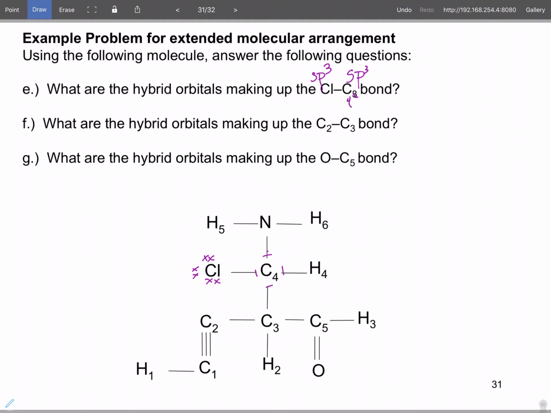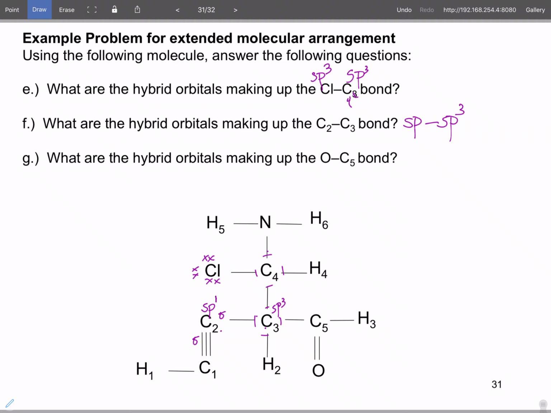So if we talk about the hybridization involved in the bonds, we have an sp3 bond. If we look at C2 to C3, this one is involved in a triple bond. So the hybridization of this carbon is sp because it's only got 2 sigma bonds, so it only has 2 hybrids. Whereas this one has 4, so it's an sp3. So this bond would be an sp bonded to an sp3.